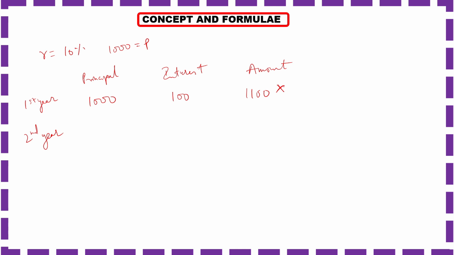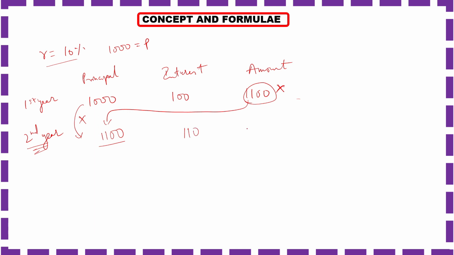But in compound interest, the principal for the second year is not this one. It is 1100. The amount of the previous year will be the principal of the next year in case of compound interest. So 10% is the rate of interest. So the interest for the second year is 10% of 1100, which is 110 rupees.